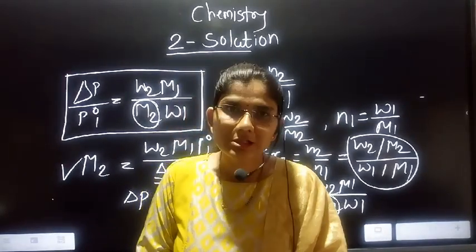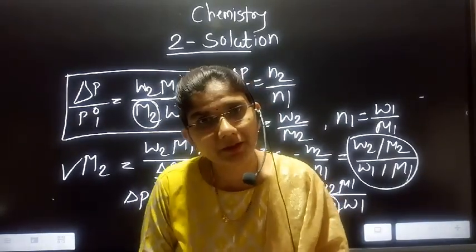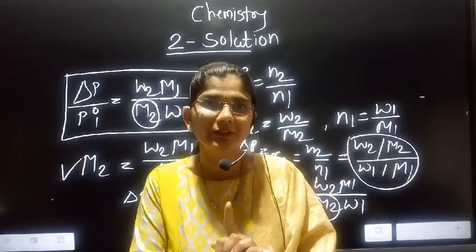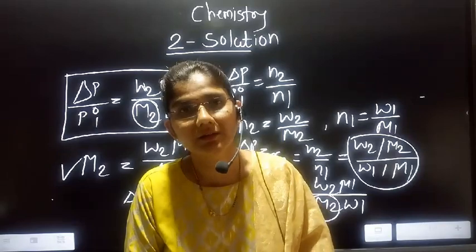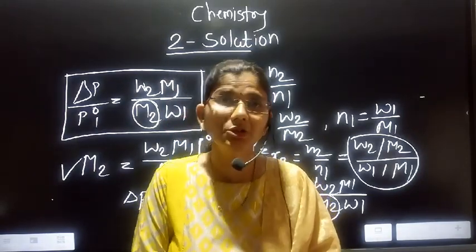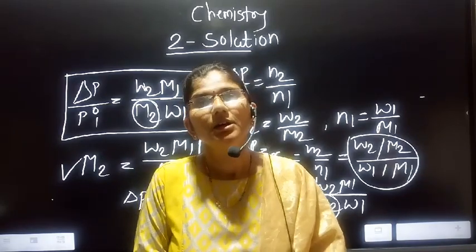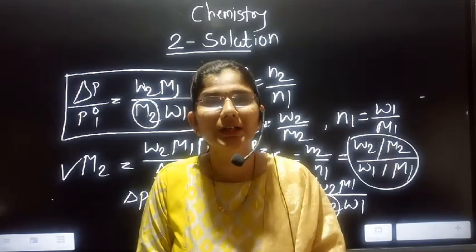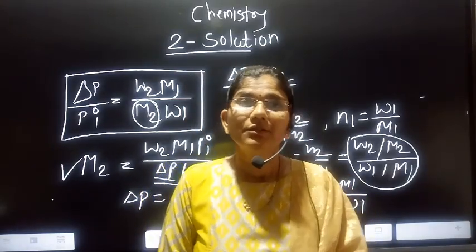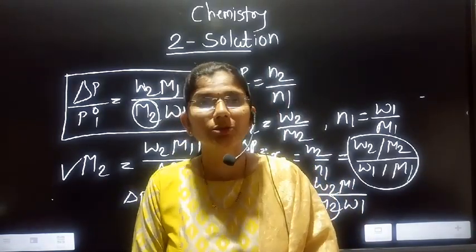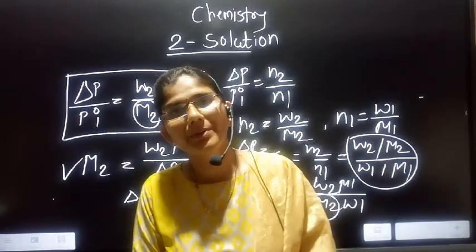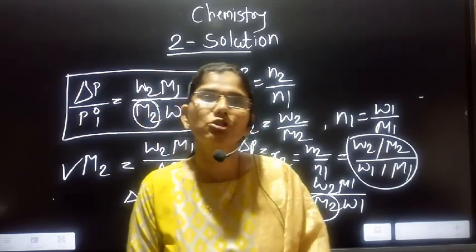Firstly, from Raoult's law, which is applicable for a non-volatile solute, we write only one expression, for the solvent: P1 is equal to P01 X1. But as we know, X1 plus X2 is equal to 1, and if we rearrange the equation, we come to know that the relative lowering of vapor pressure depends on the mole fraction of the solute.